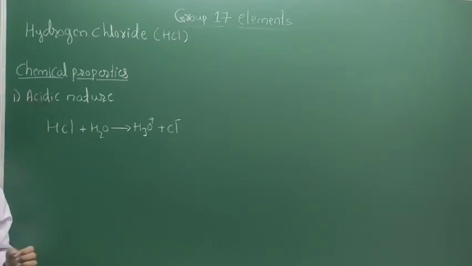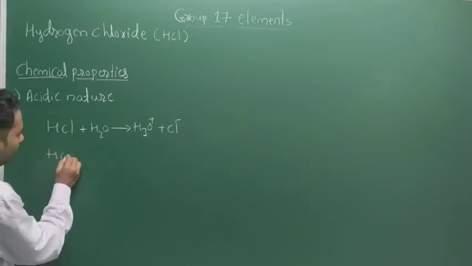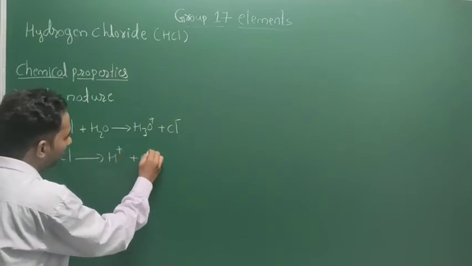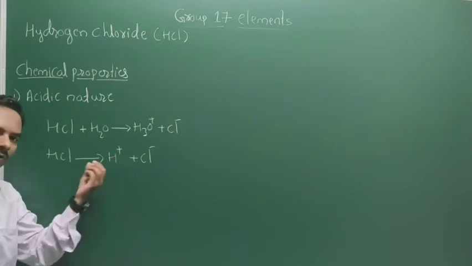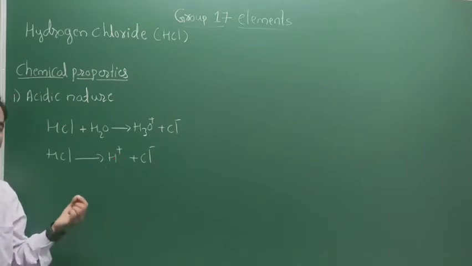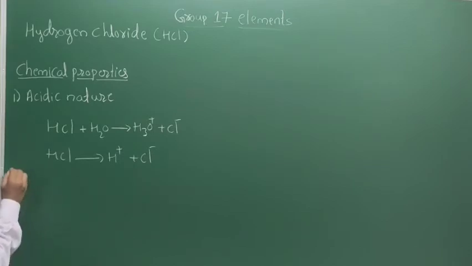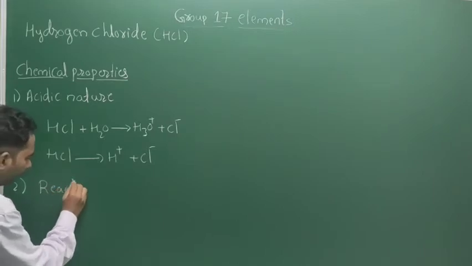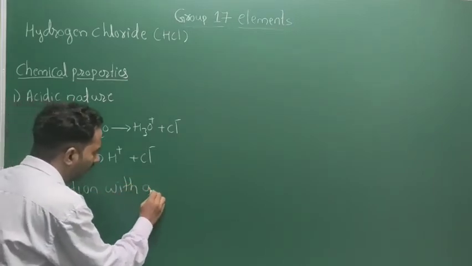Therefore, HCl is strong monobasic acid because it ionizes, giving H plus and Cl minus. So here dissociation of only one H plus ion, therefore this is called monobasic acid. So next chemical property is reaction with ammonia.